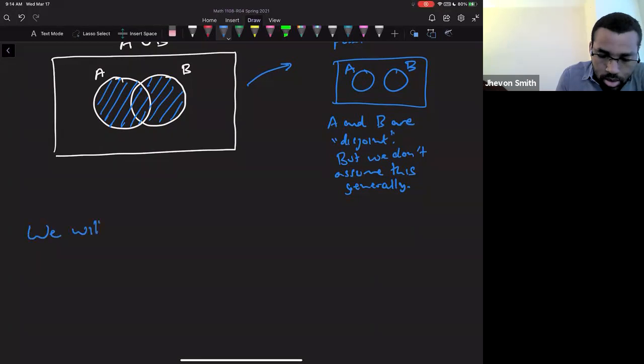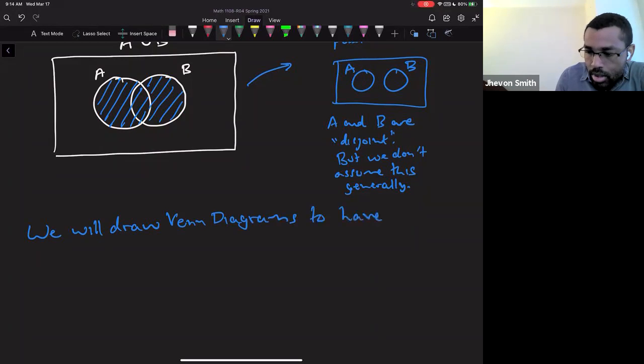We will draw Venn diagrams to have as many overlaps as possible in general.